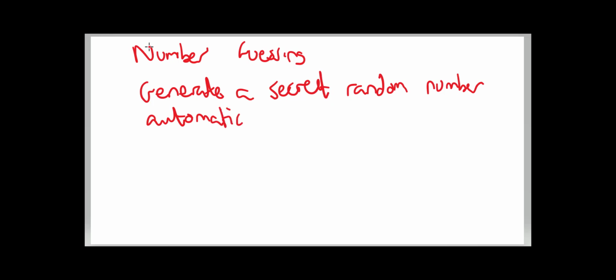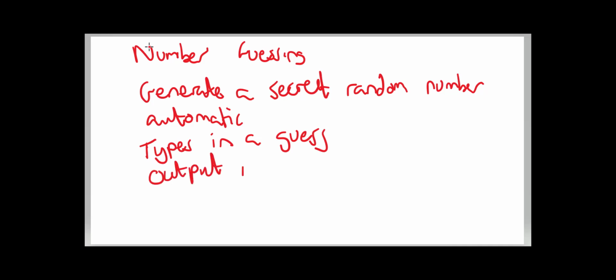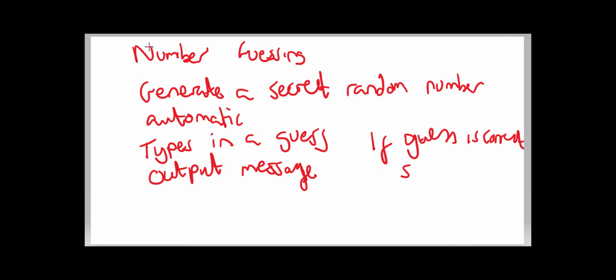We're then going to allow the player to type in a guess. We're then going to basically output a message. And the message is going to depend upon if they get it right or wrong. So if guess is correct, say well done.